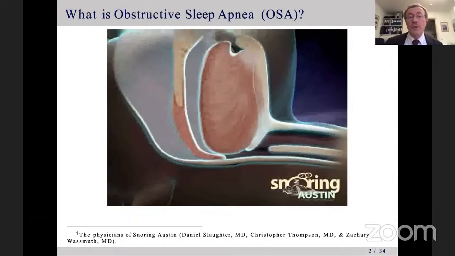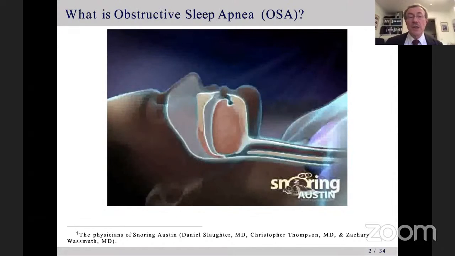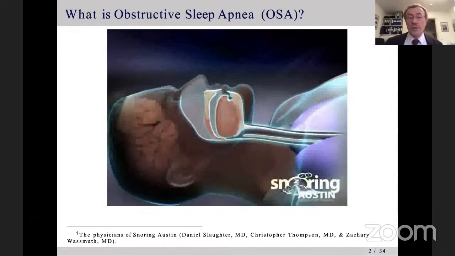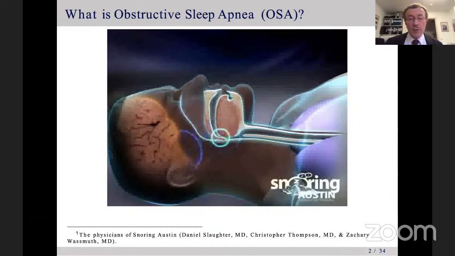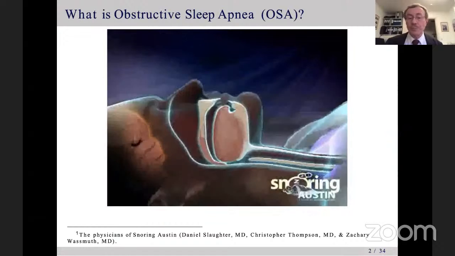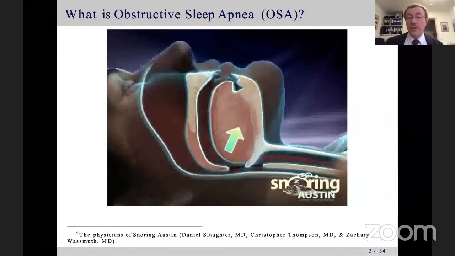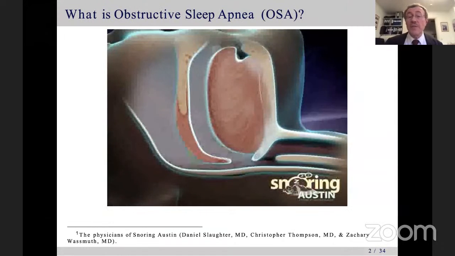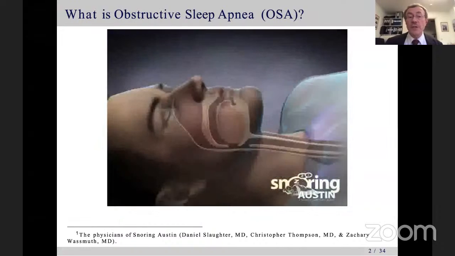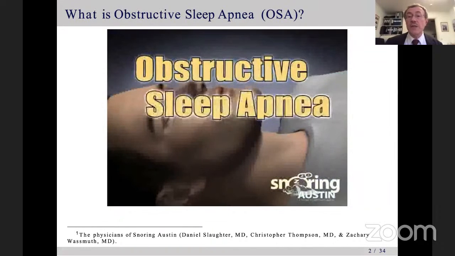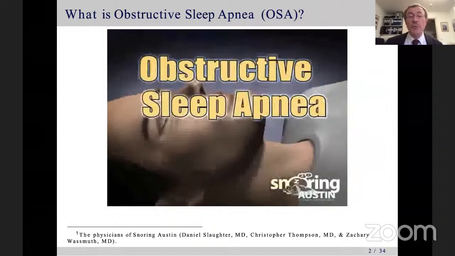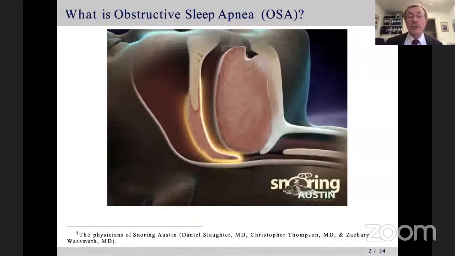That can happen for seconds and even minutes. These events do not supply oxygen. It is only a reaction by the brain that makes the muscles contract, and then the person can go on sleeping. But if this happens frequently, this is really disastrous for the cardiovascular system. So these people are prone to heart attack and stroke.